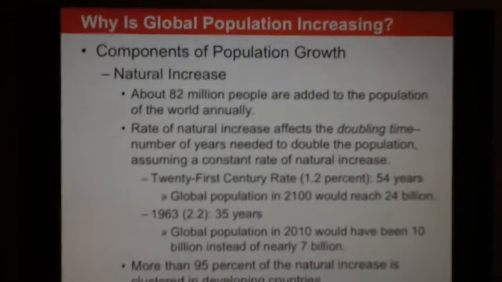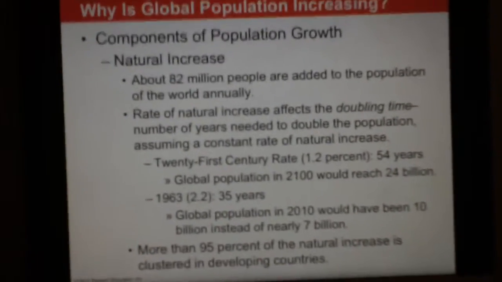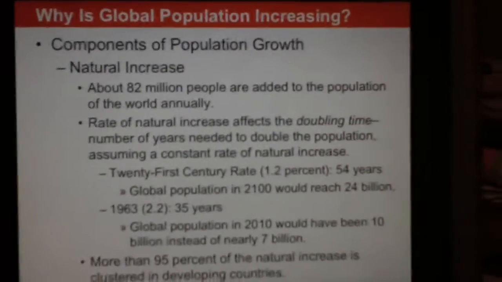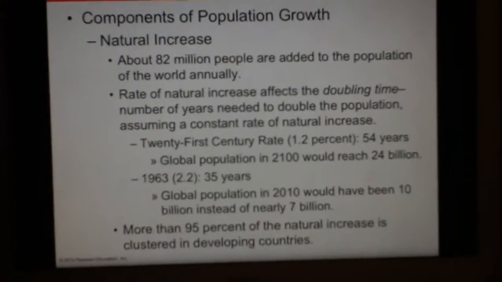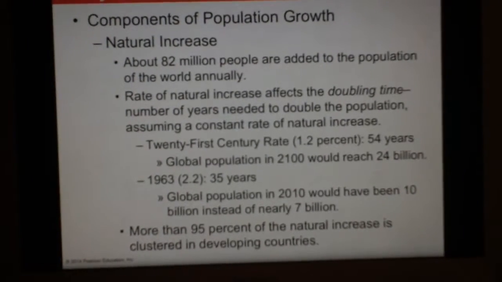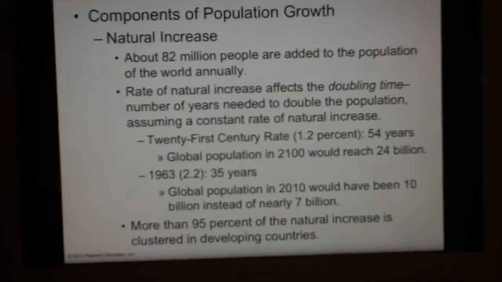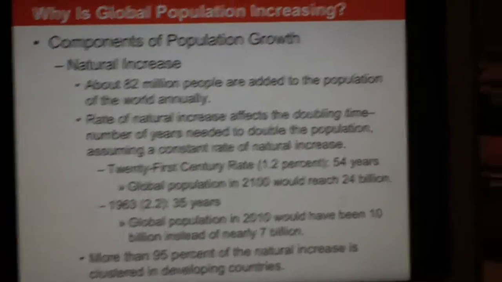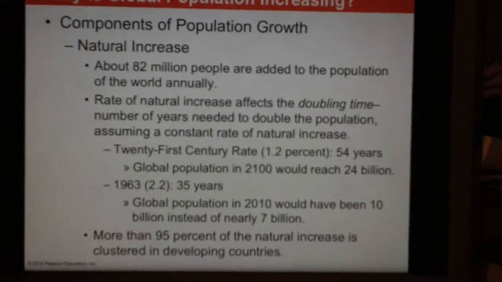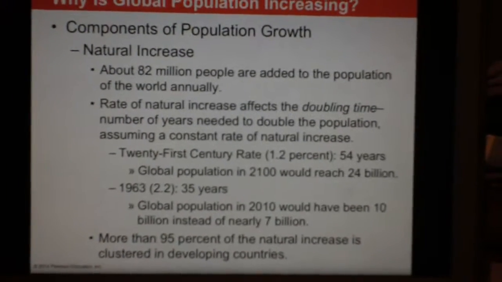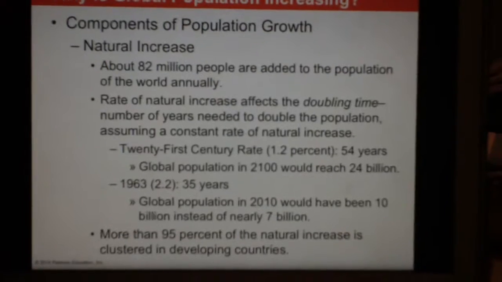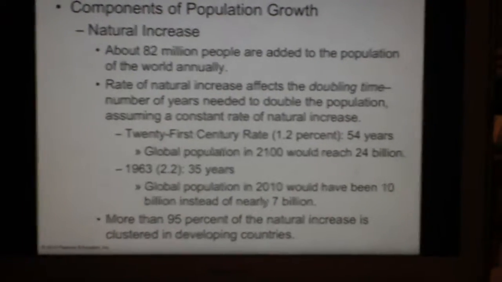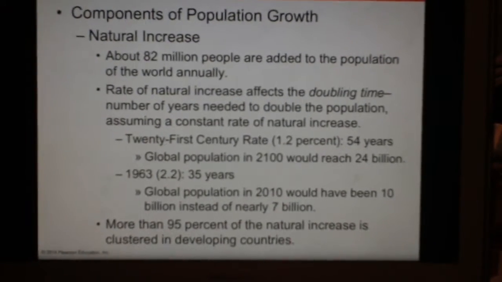Okay, so the natural increase is our next component. About 82 million people are added to the population of the world annually. And the rate of natural increase affects the doubling time, which is what we just looked at on that last graph. The doubling time is the number of years needed to double the population, assuming a constant rate of natural increase.